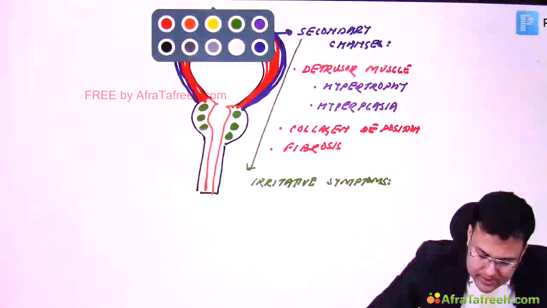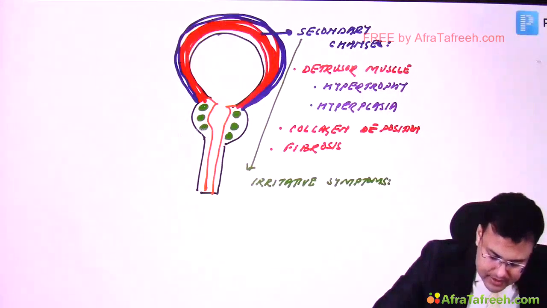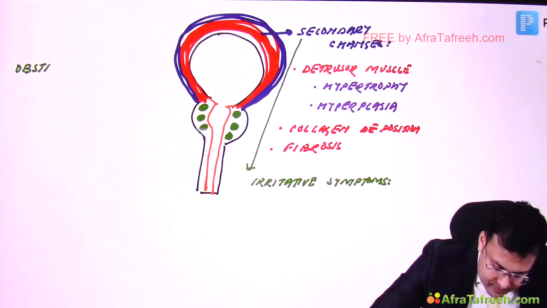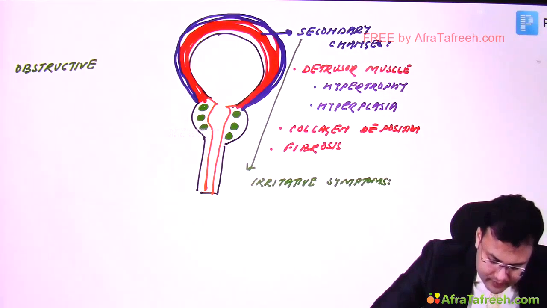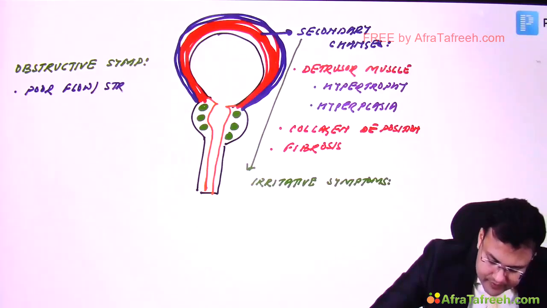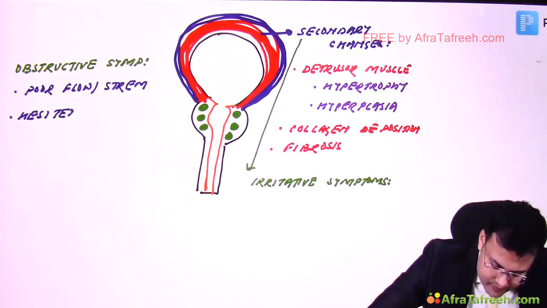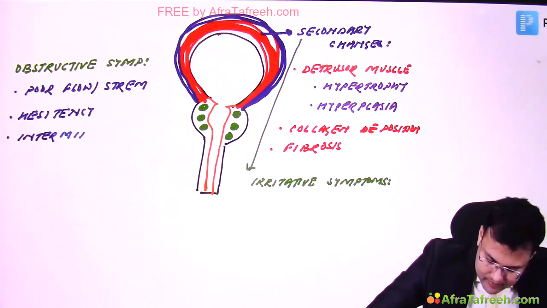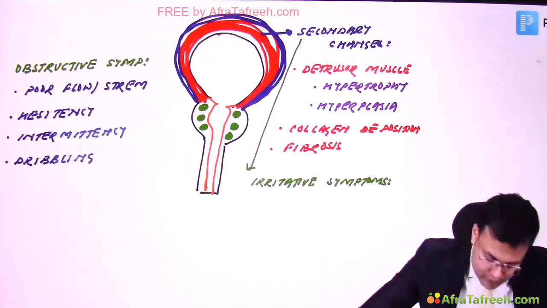So two groups of symptoms. First, obstructive symptoms: poor flow, poor stream, hesitancy, intermittency, dribbling of urine, post-void residual volume.